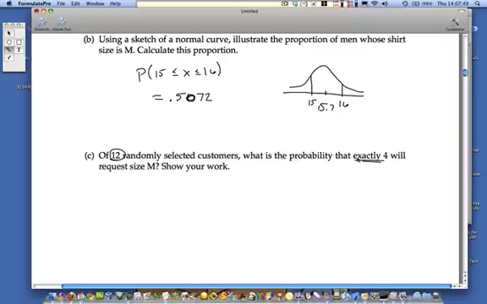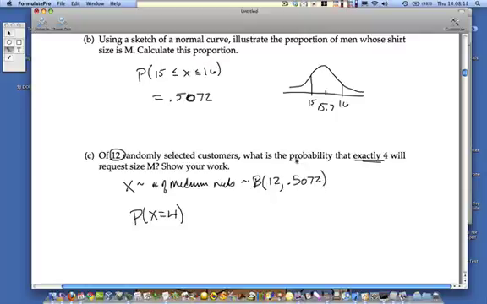What's the probability we'll get 4 mediums, or 4 successes? If we look at X as being the number of medium necks, we're looking for the probability X is equal to 4. Well, X is binomial with n equal to 12. Probability of success is 0.5072. We got that from up here, from part B.